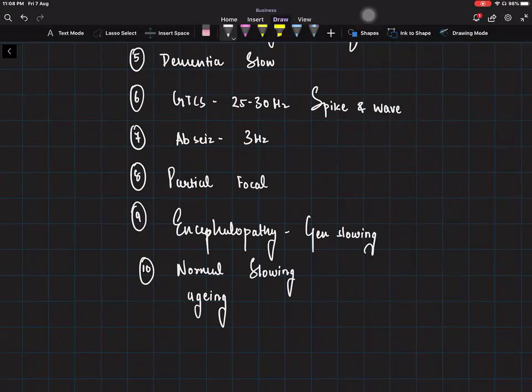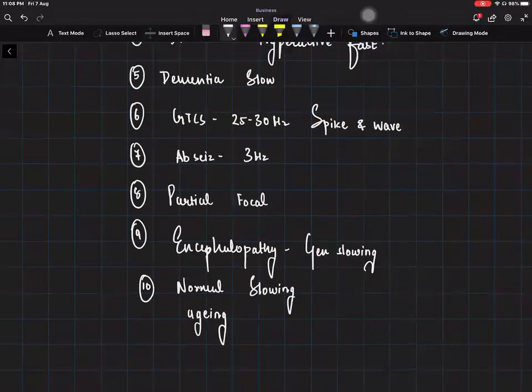Because if a patient presents with, say, manic symptoms, and in particular in mania, if it is a non-organic mania, then you would have an increase in the alpha waves. But if it is a mania whose origin lies essentially in encephalopathy, then you would have generalized slowing.